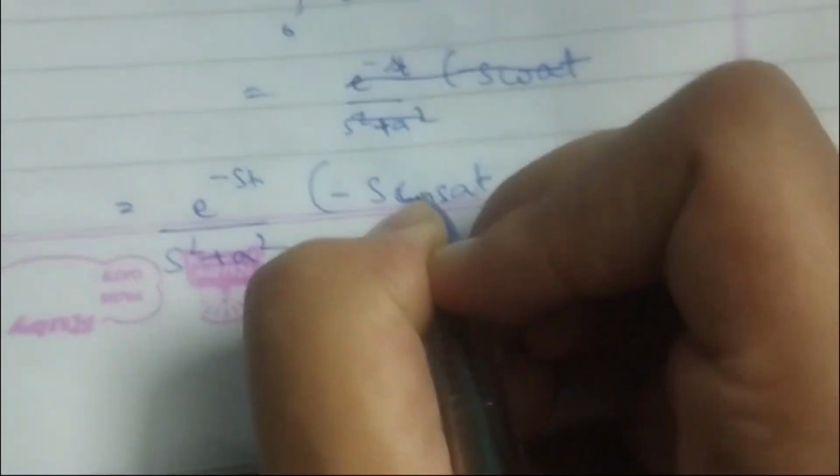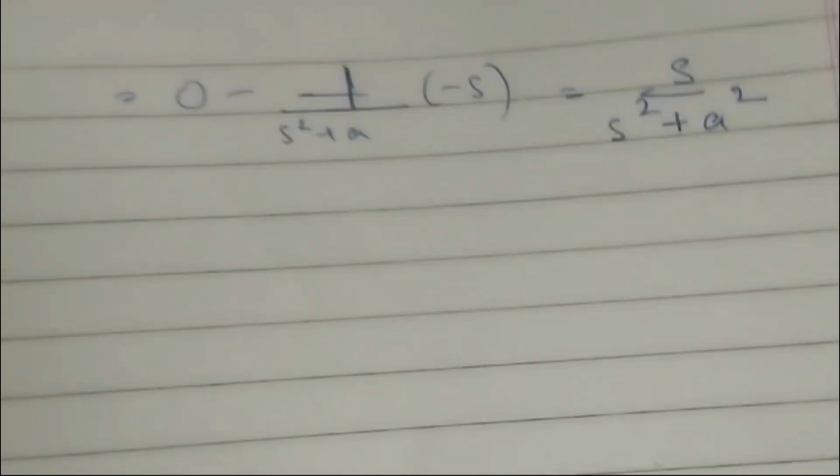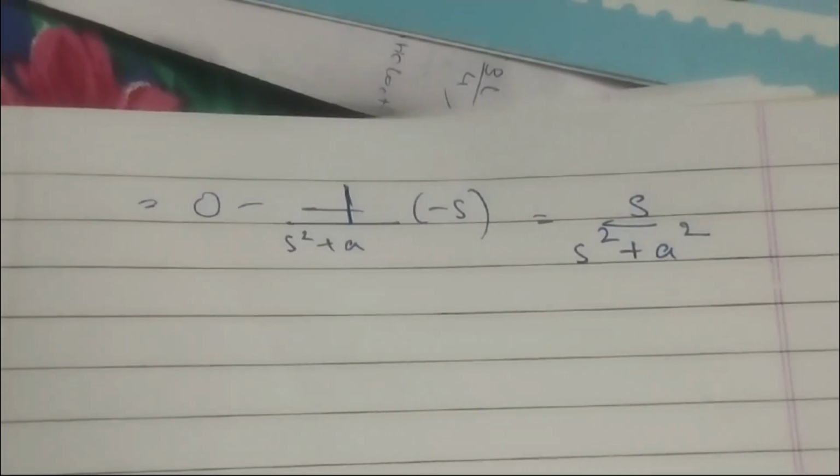Here our f of t is cos at, so we use cos at dt over here, and by integration we get this. Substituting the values of infinity and 0, we get this, which is equal to, so yeah, this is the Laplace transform of the function cos of at.